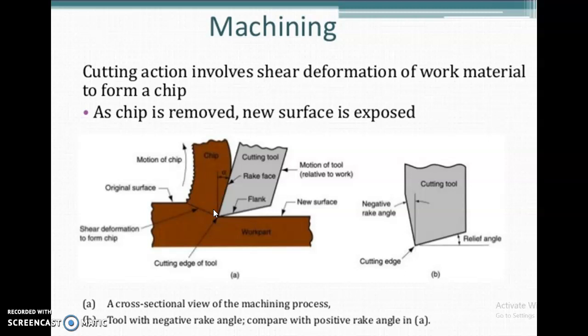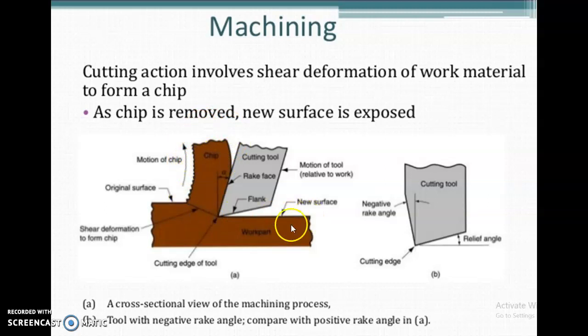You will be able to see a curly chip coming out while you are performing the turning operation. Am I right? Those are called chips, and chips are divided into three types: continuous, discontinuous, and chips with built-up edges.